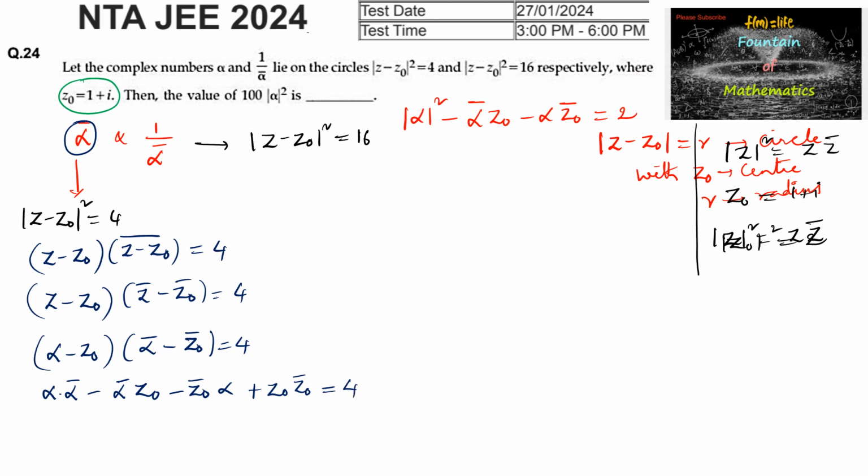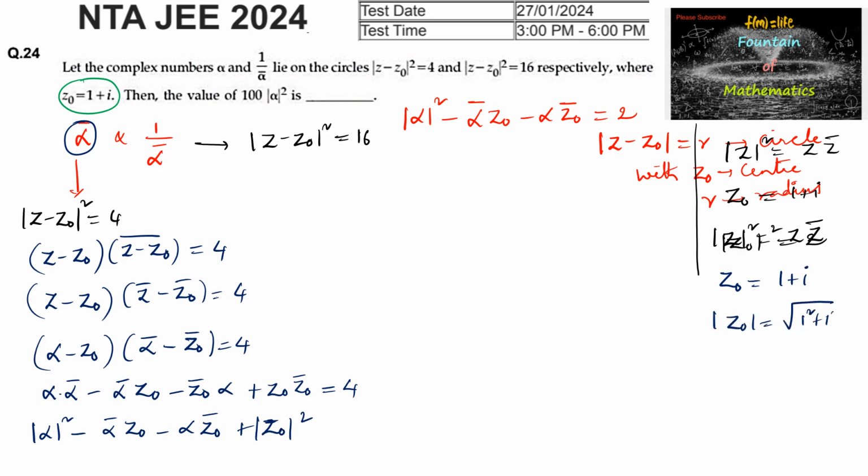So alpha into alpha bar is mod alpha square, minus alpha bar into z naught minus alpha into z naught bar plus z naught into z naught bar, which is mod z naught square. And since we know that z naught is equal to 1 plus i, then mod of z naught is equal to root of 1 square plus 1 square, that is root 2. So mod z naught square is equal to 2.